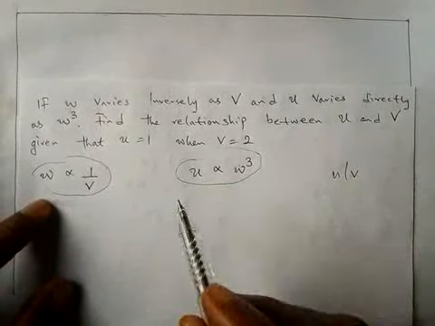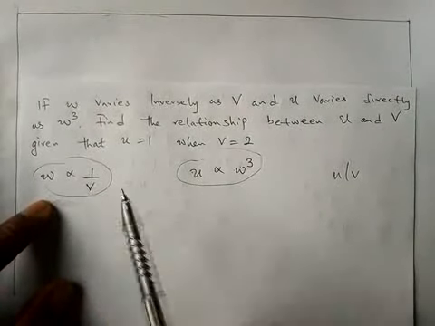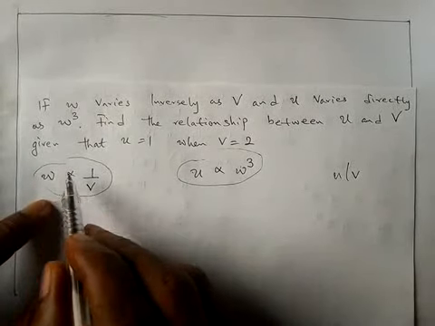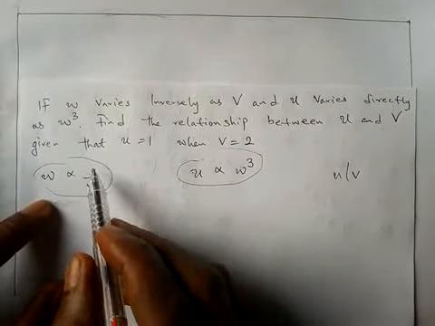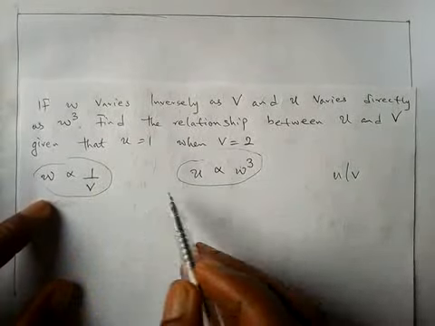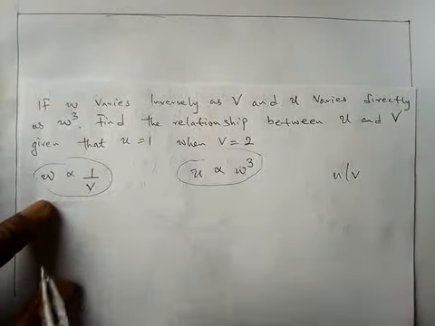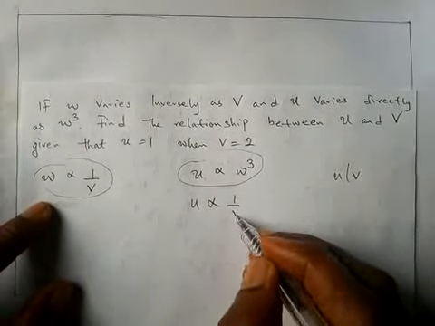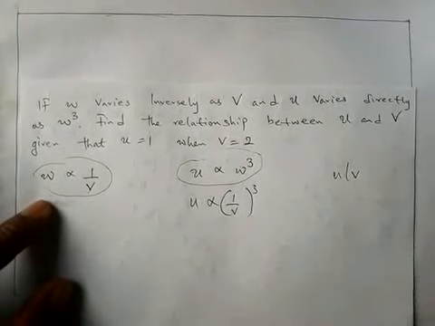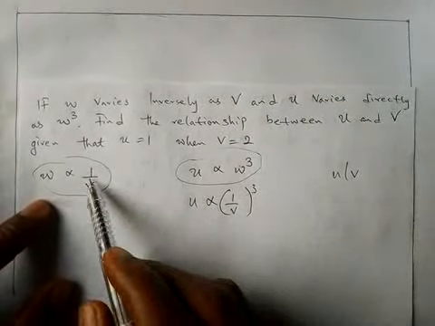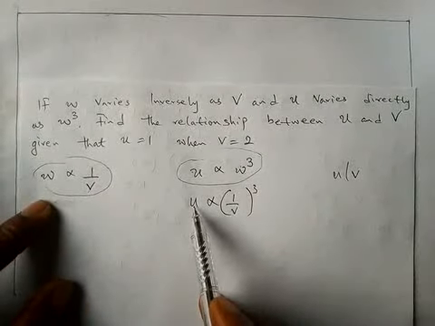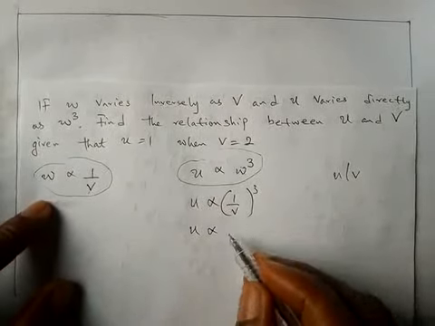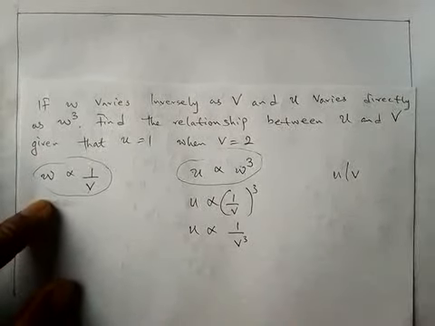You want to get a relationship that has u and v, so it means you need to eliminate w. From here, you see that w can be represented with 1 over v. So in place of w here, I can simply put 1 over v. So u is directly proportional to 1 over v raised to power 3, just removing w and putting v so that you have a relationship that has u and v.